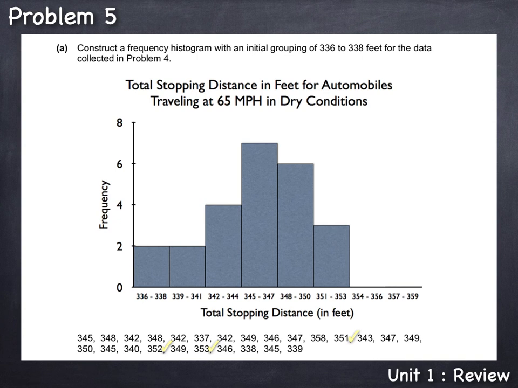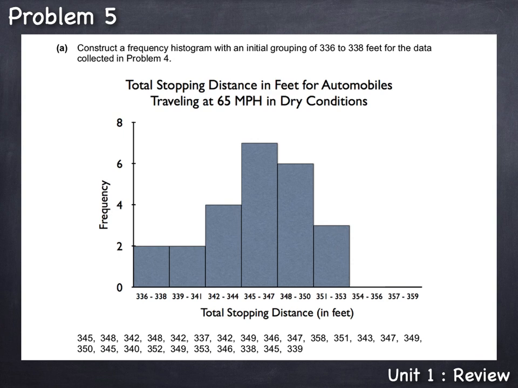Next, when we go through all the data and count how many of the automobiles took 354 to 356 feet to come to a complete stop, we look through and count and find that there is 0. None of the vehicles in this sample took 354 to 356 feet to come to a stop. So there will be no bar drawn above that category.